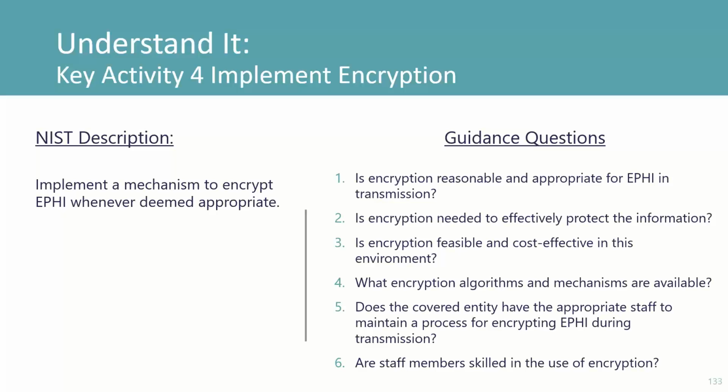So when we implement encryption, you always have to determine whether it's reasonable and appropriate for your organization. I would say in transit, it always is. If it was at risk, would it protect your organization? Is encryption needed to effectively protect the information? Is encryption feasible and cost effective?